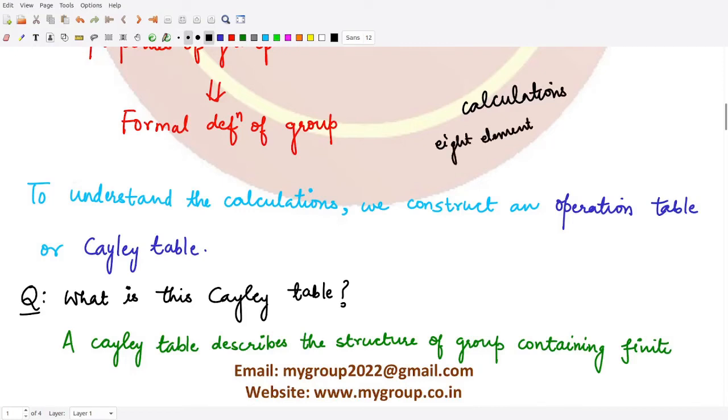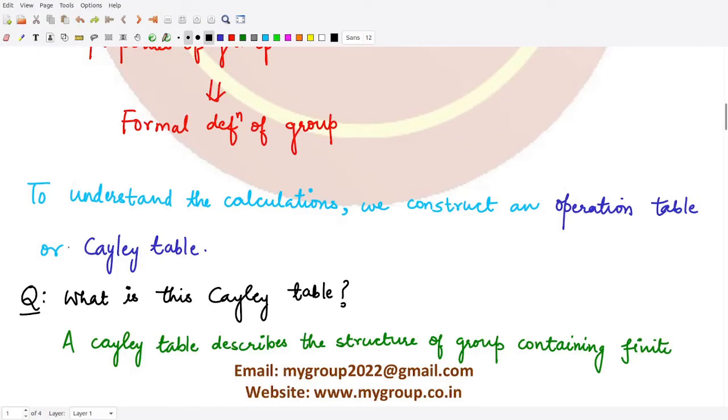In this example, 8 elements plus one operation, which is function composition, right? This table would be there whenever we have a finite number of elements present in the given group. So this table could only be constructed whenever we have a finite number of elements.